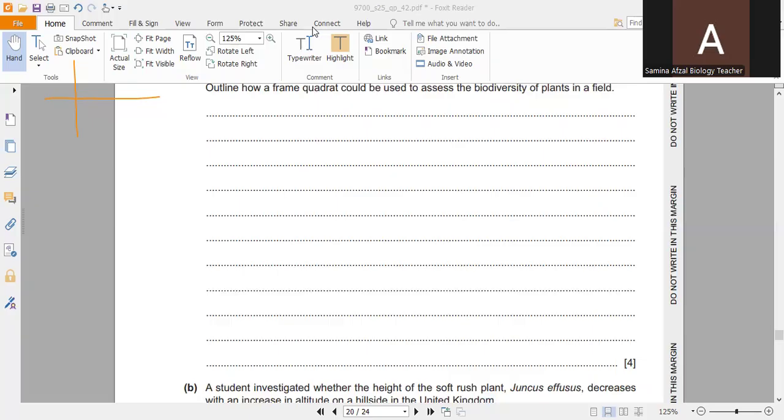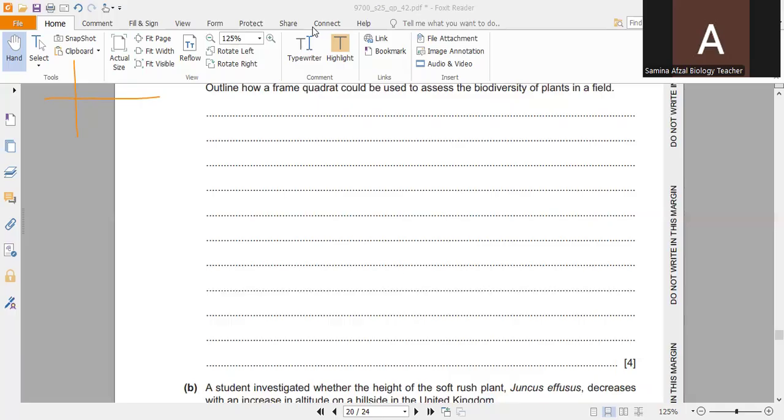Then we can collect the data inside the quadrat. We have to identify the species which are present inside. For this, we can use a field guide or identification key to name the different plant species present inside the quadrat. Then we can count how many different species are present.